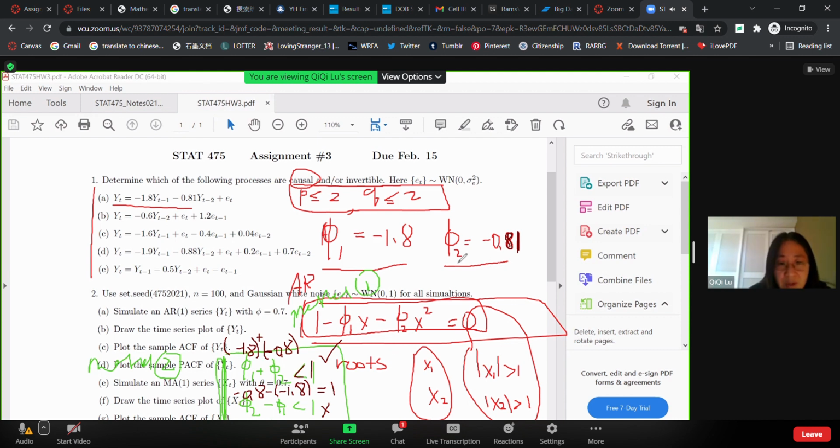Sure. Okay, I think I forgot something here. There's a 1 here. That's 0.81, not 0.8. So sorry. There's a 1 here, right? And then 1.8. Okay, so see the difference here? That's 0.99.